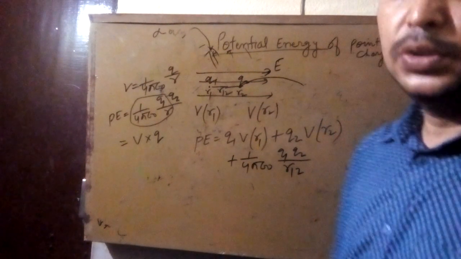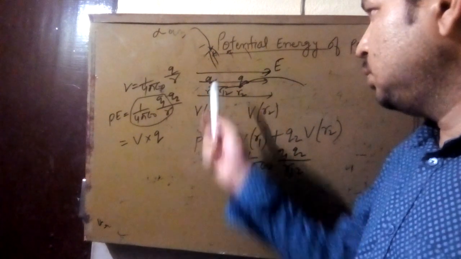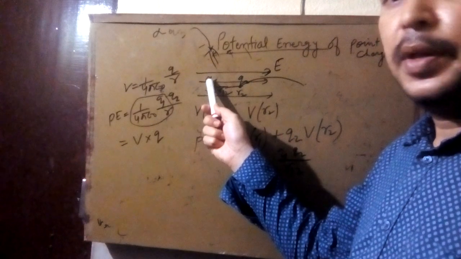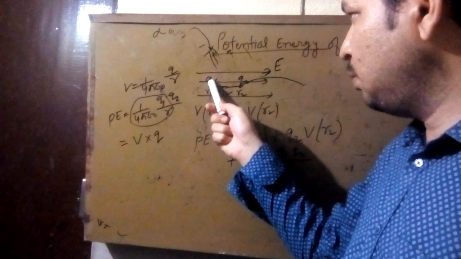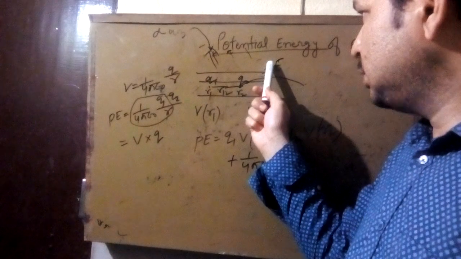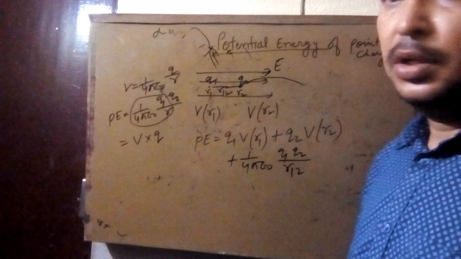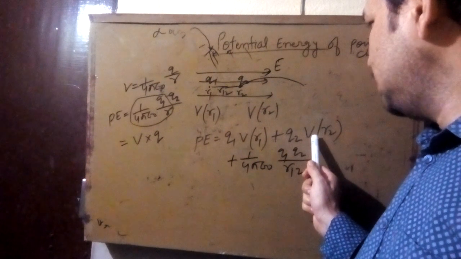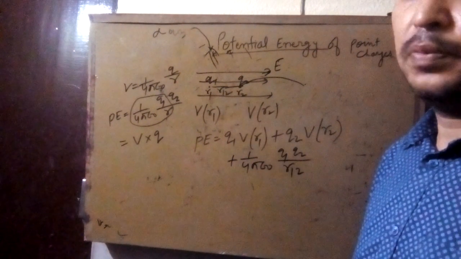So remember, students, that when it is asked what is the total potential energy, first you have to write the potential energy of any charge, because it is present in an external electric field. So what is the work done to bring Q1 against this electric field? Q1 into the potential at that point. When you are bringing Q2, Q2 into the potential present at that point. Potential at this point was VR2.